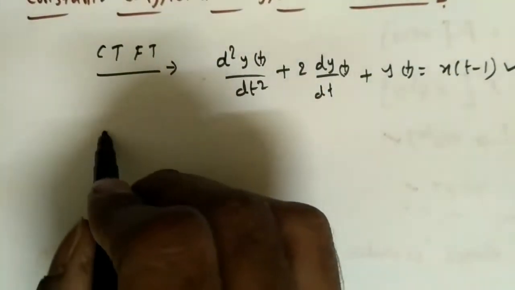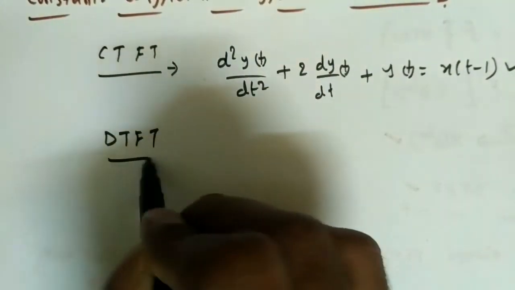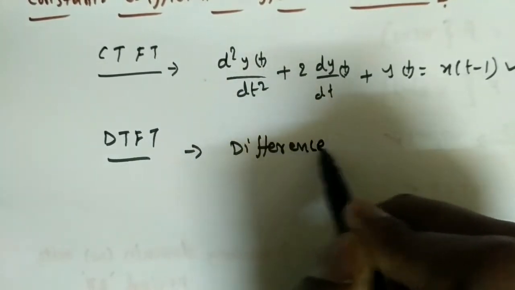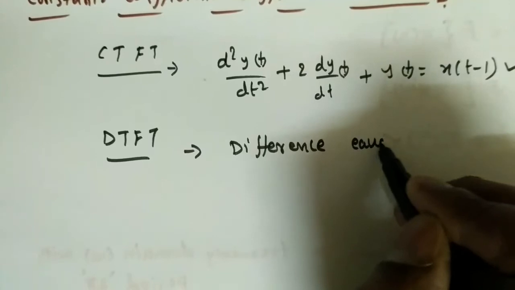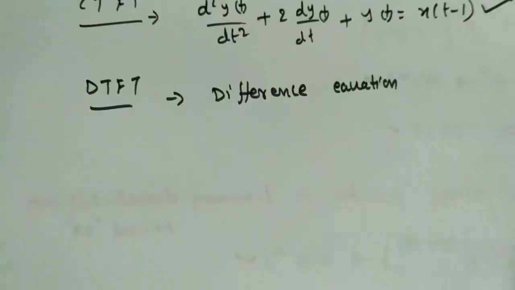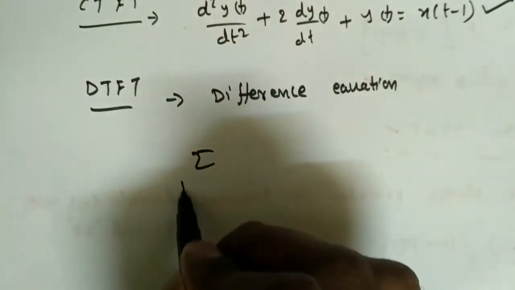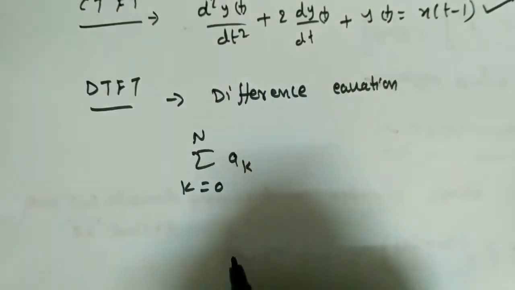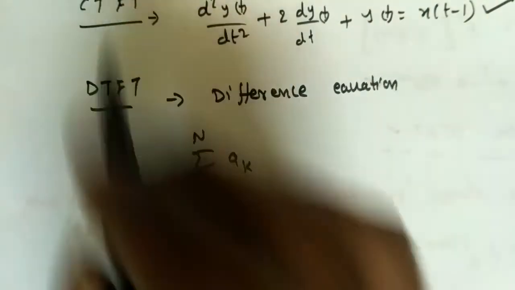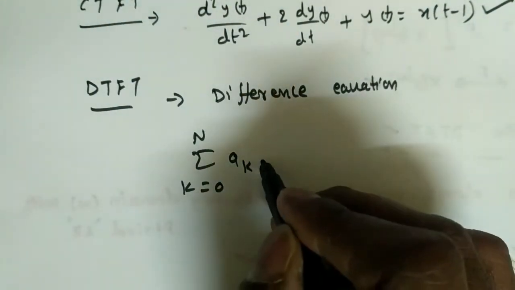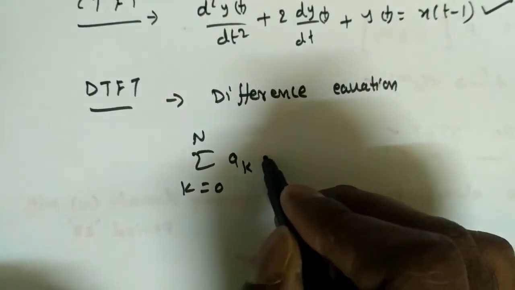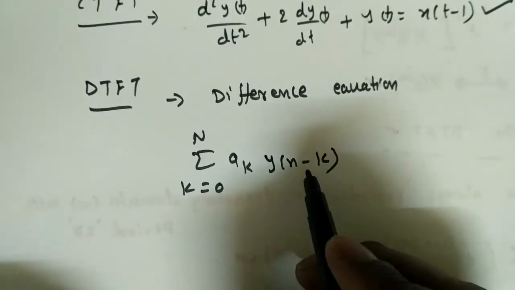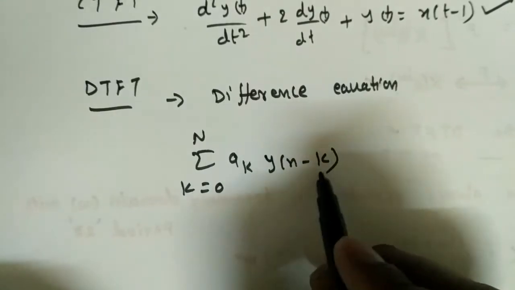In DTFT we say it is a difference equation. So how to represent difference equations? First I will write the generalized form, that is sigma k equals 0 to n of the linear constant coefficients a k into y of n minus k. See the difference, right? So it may be n minus 1, n minus 2, n minus 3.